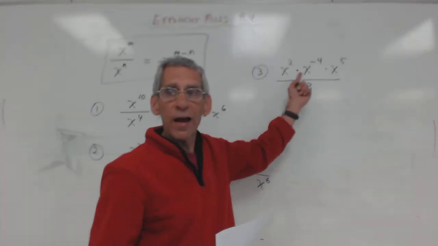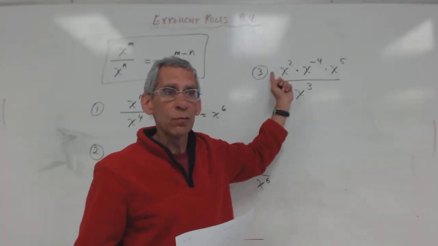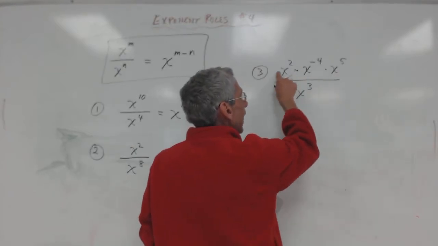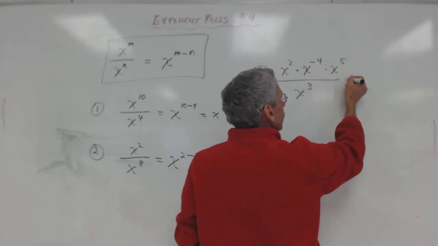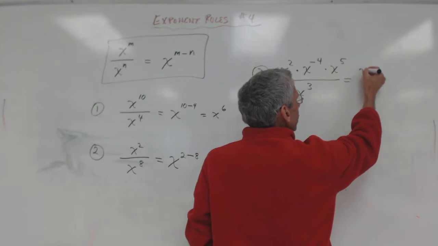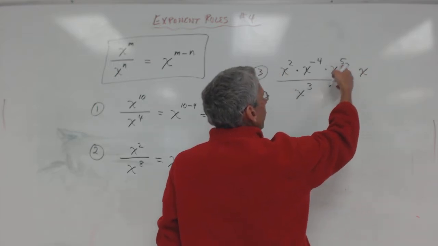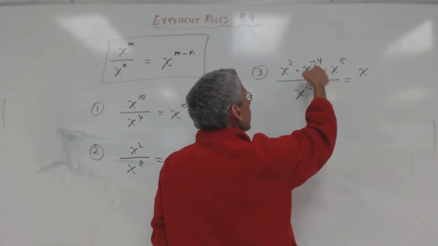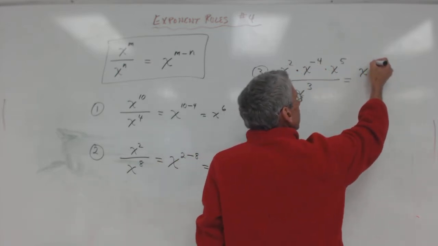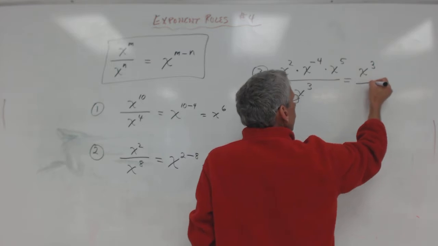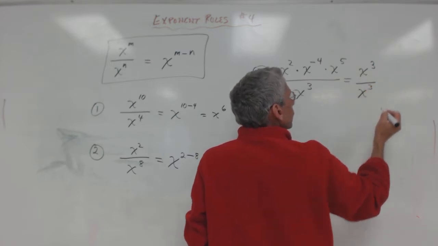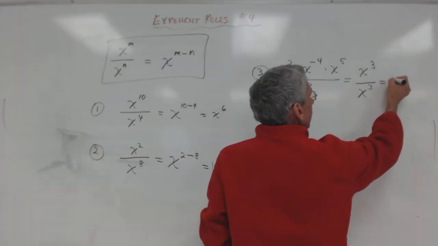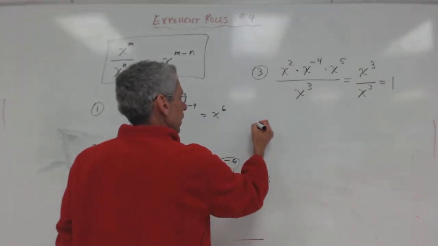I'm going to simplify my numerator first by multiplying same bases, so I'm going to add all these exponents together. It's going to be x to the 5 minus 4, which is 1, right? 1 plus 2 is 3. So x cubed over x cubed. What does x cubed over x cubed equal? 1, right.